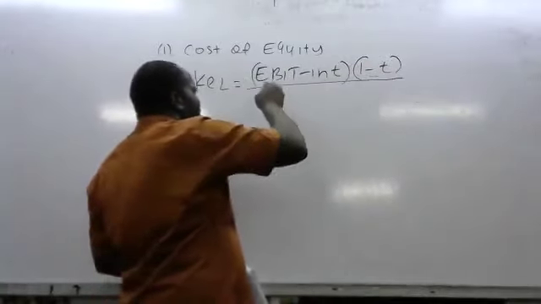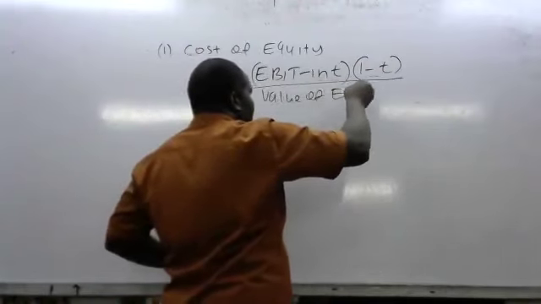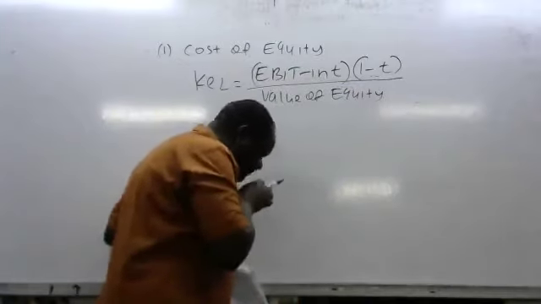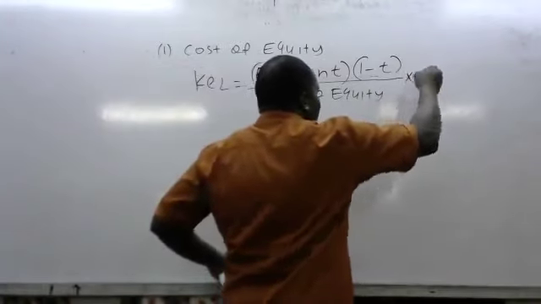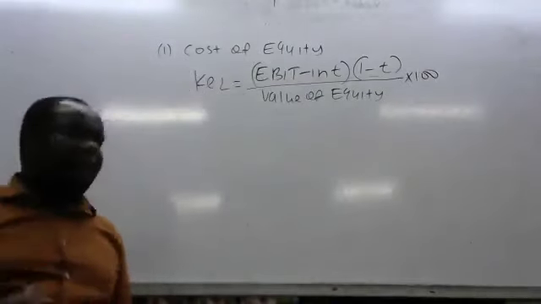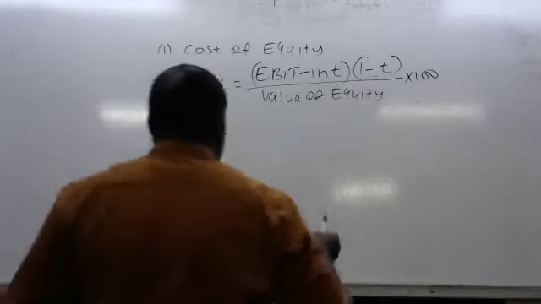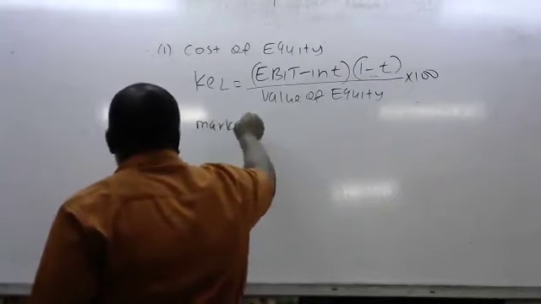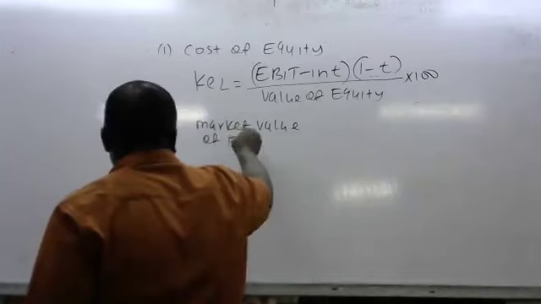Then we divide by the value of equity, which must be expressed as a percentage. So we start with the market value of equity. We compute the market value of equity.